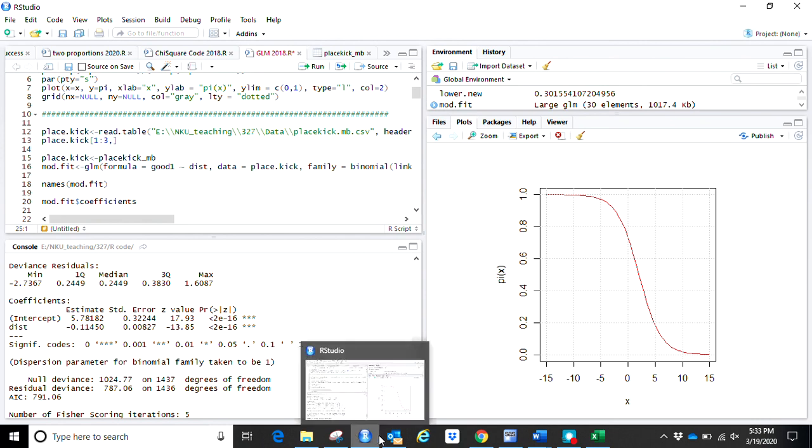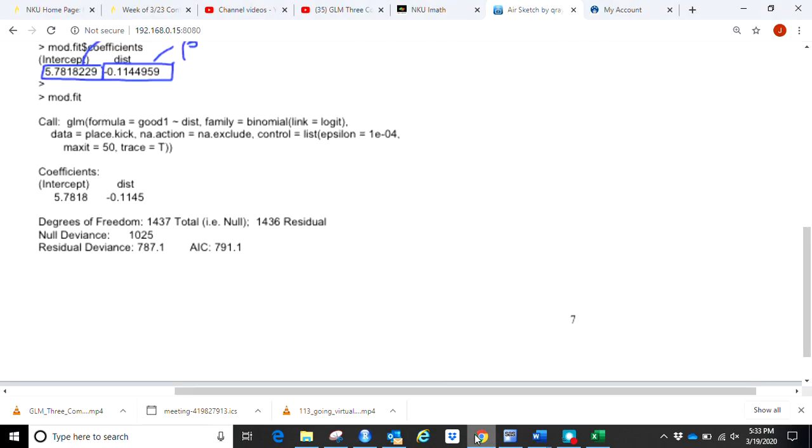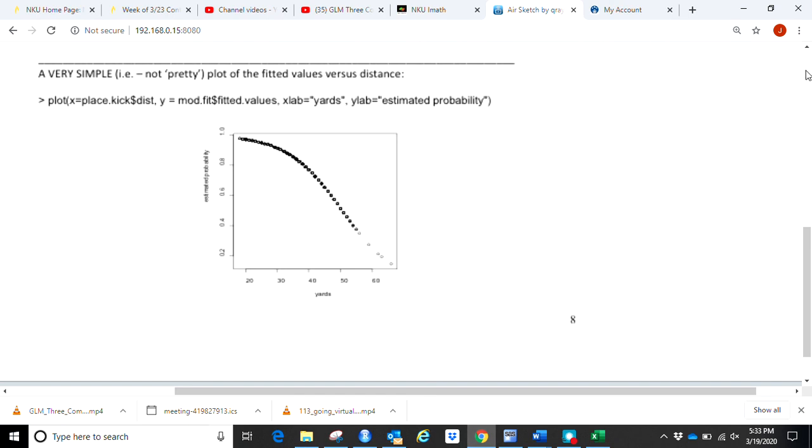All right, so now that I've run my model, we can write out our estimated probability function.